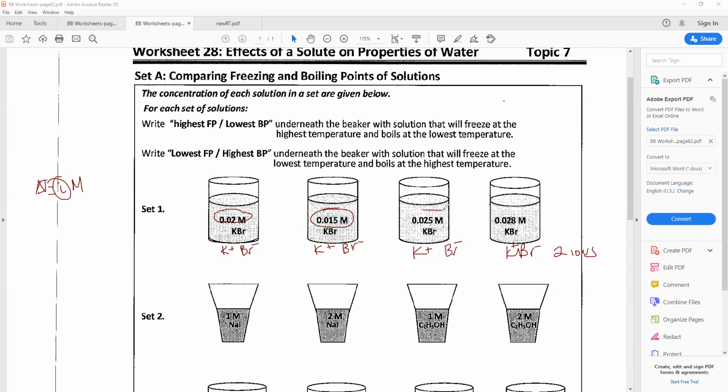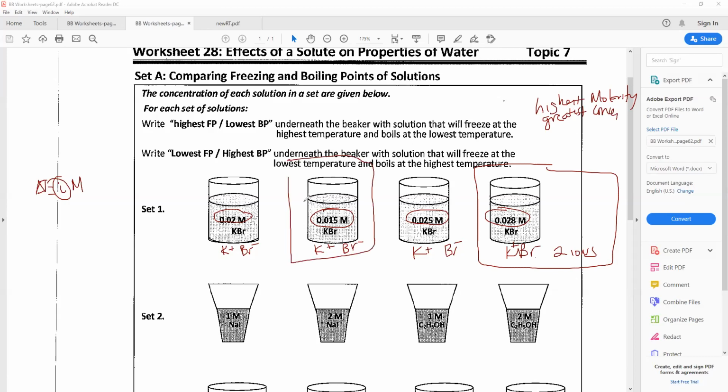Now, which one has the highest molarity? We're going to see that this one has the highest molarity, so it has the greatest concentration. And we will see that this one has the lowest molarity.